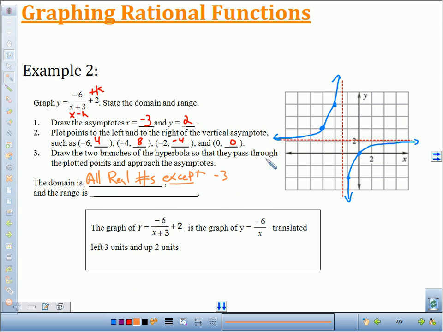My range, similar idea. I can move upwards forever, I can move downwards forever, but I cannot touch the line y equals 2. So my range is all real numbers except 2.